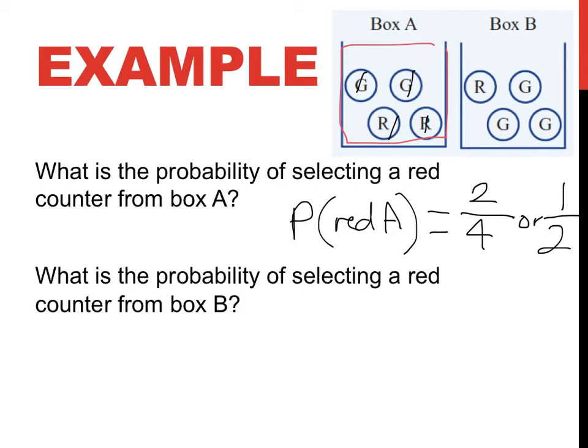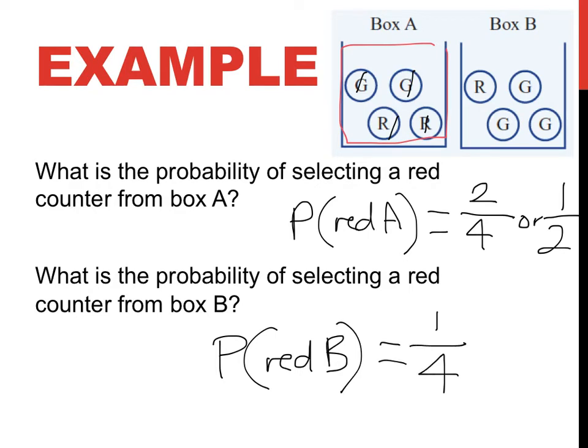What's the probability of selecting a red counter from box B? How many reds are there? There's 1. How many are there altogether? 4. These 2 questions that we've done should be revision.